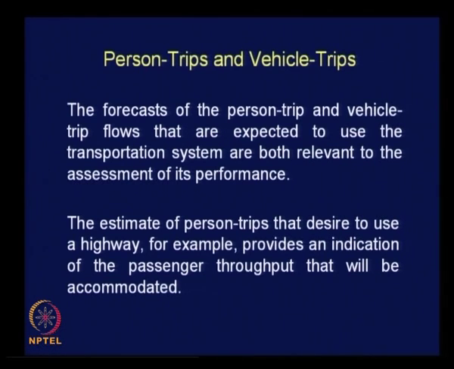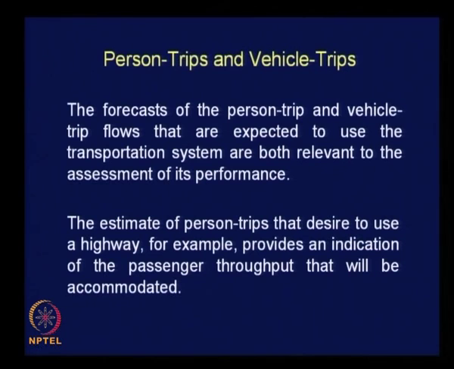It is acceptable, but still we need to come down to the specifics related to this particular process of route assignment. The estimated person trips that desire to use a highway, for example, provides an indication of the passenger throughput that will be accommodated.